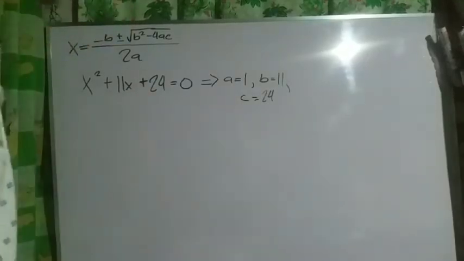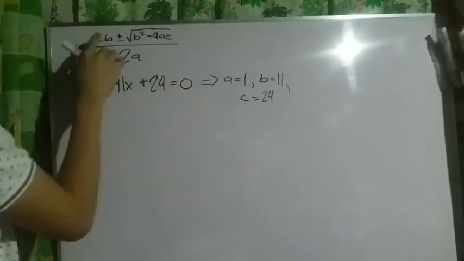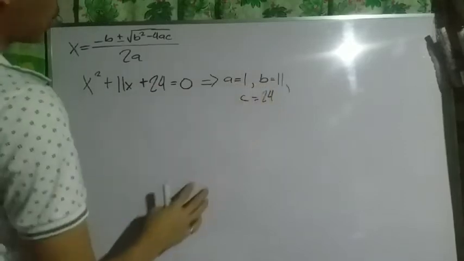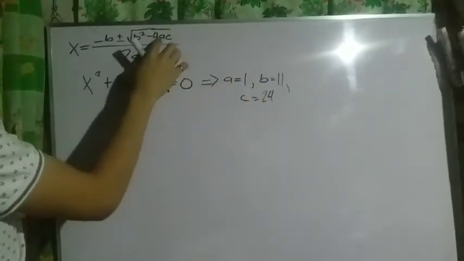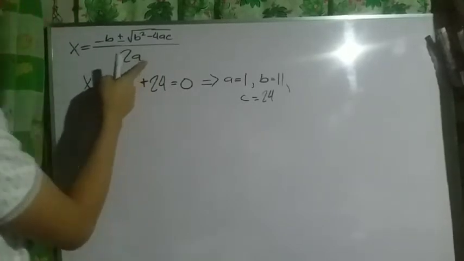So now let's proceed to solving. You will substitute a, b, and c into the formula. So a is here, as you can see, it is marked a, and b, c. So let's start. X equal to negative b.